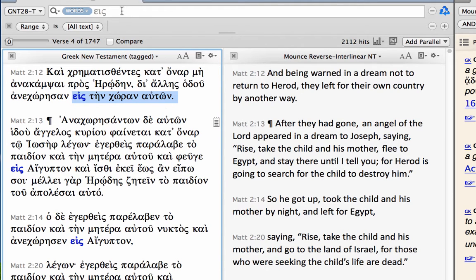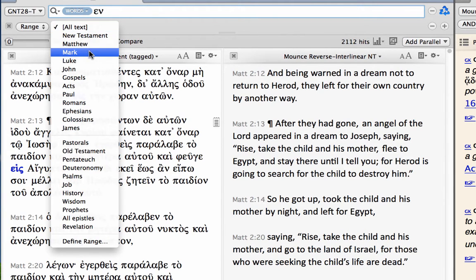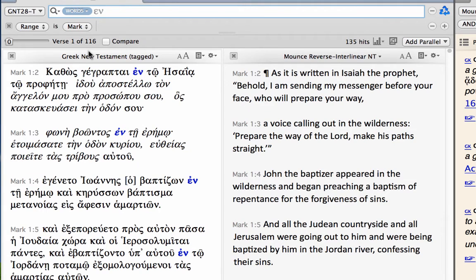All right, very good. Well, let's go up and let's switch, and we'll look at the preposition en. But I think I'm going to limit it to Mark this time so I can show some different examples. In Mark 1:2, we have, just as it is written in Isaiah the prophet.